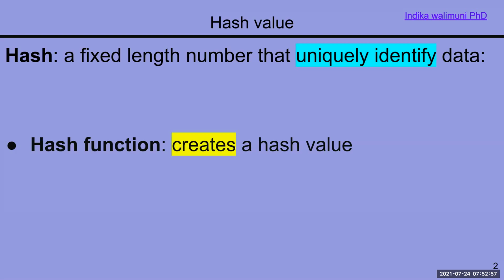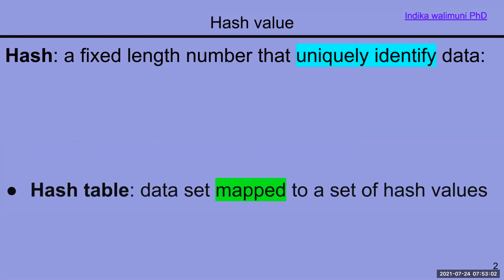So a hash function creates a hash value. And there's a data structure called a hash table, which basically maps a set of hash values to data. So a hash table is a table of hash values.